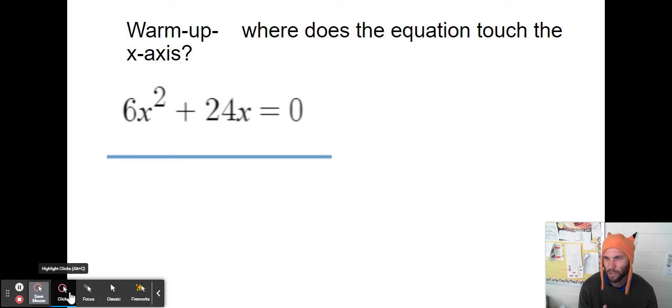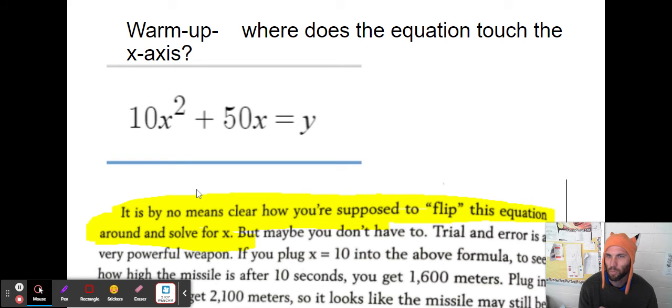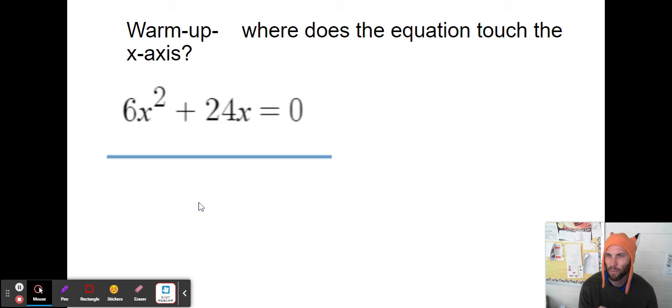Well, it turns out that I can rewrite this as factors, and it's the same thing. So here's our equation right here set to 0. I'm going to factor this out and then set the factors to 0 because it'll be the same exact thing.